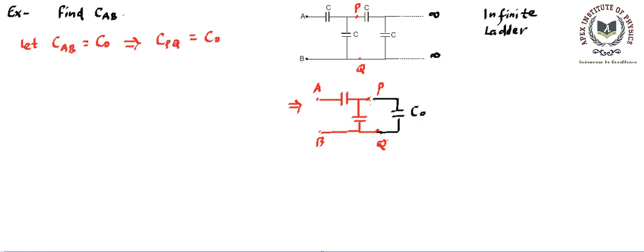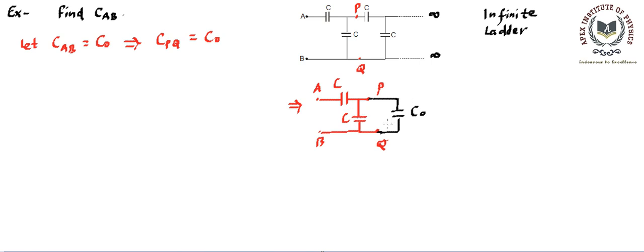This black colored equivalent represents the entire right hand side network, and the capacitors I have drawn here have a capacitance C. So the above infinite series network has now become finite, a finite circuit which we can solve.